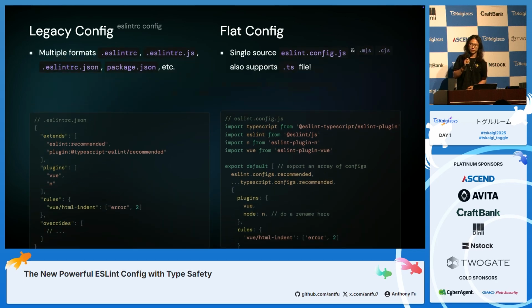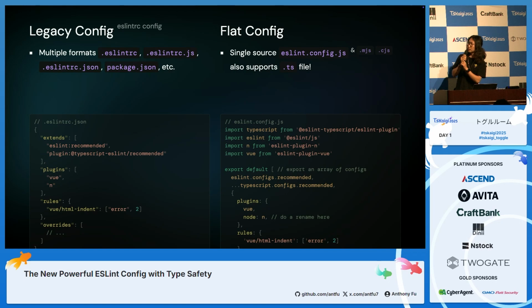The legacy config is named .eslintrc, with multiple supported extensions, and it can also read from your package.json with the eslintConfig attribute. The flat config, on the other hand, only loads from eslint.config.js, a JavaScript config file with a single source of truth. Of course, they recently added TypeScript support, so you can now use eslint.config.ts.